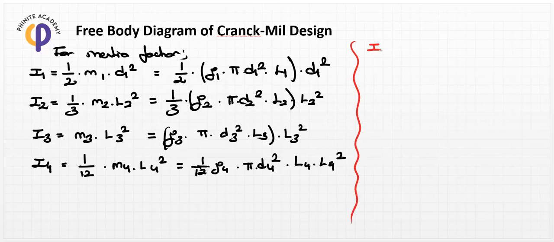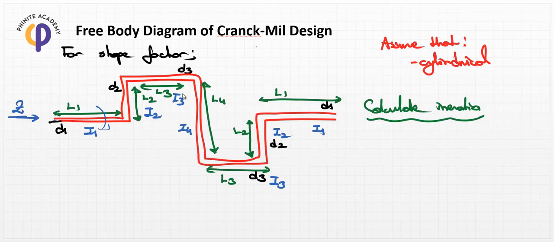The total inertia for the crank mechanism is given by 1 I4 because it's at the centered position in the crank mechanism, but in the other places each of the I1 plus I2 plus I3 should be multiplied by 2 because the crank mechanism is symmetric, and so we have 2 I1, 2 I2, 2 I3, but only 1 I4 is included in this position because it's totally calculated by the inertia factor.